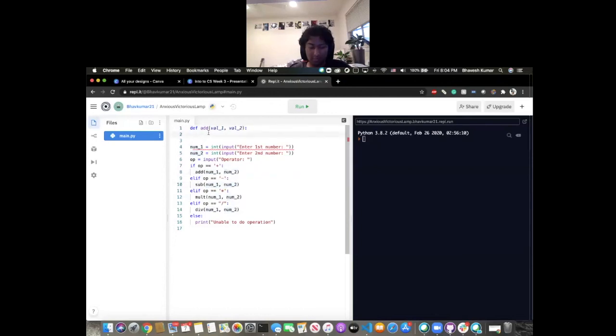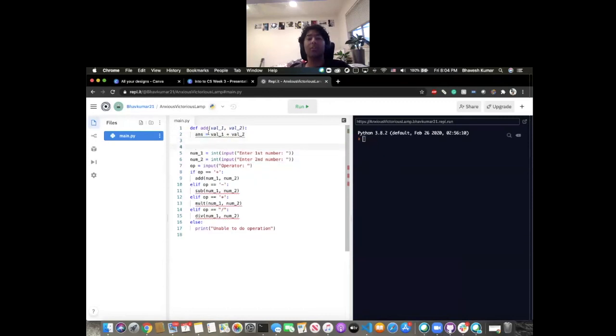Okay, so we would write answer equals val1 plus val2. And this is an important part of every function, is the return statement, where you return an answer or return whatever you did with the function to the user itself.